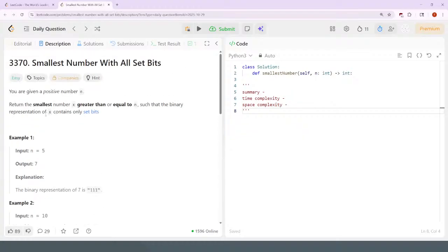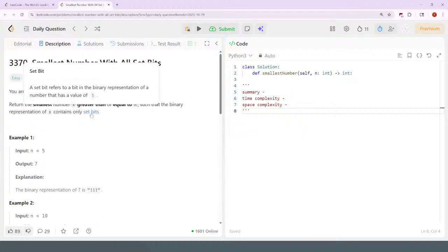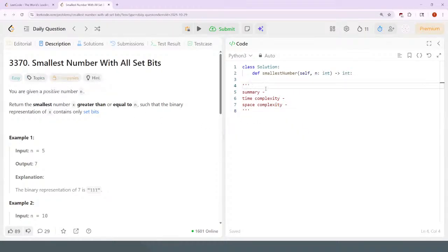Alright, so the binary representation only contains set bits means all ones, right? This is more for binary numbers.